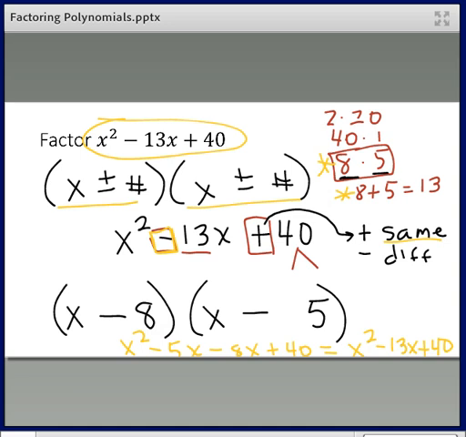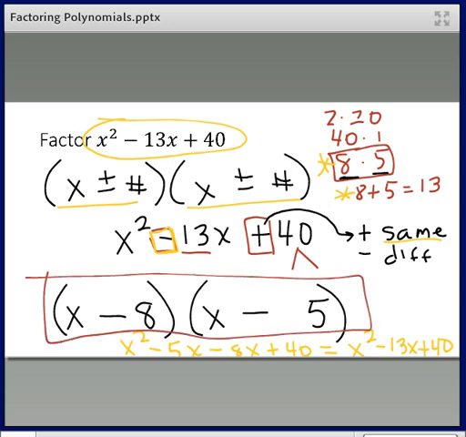So these are my two factors, and I'm going to box those off in red. Right there's my final answer.